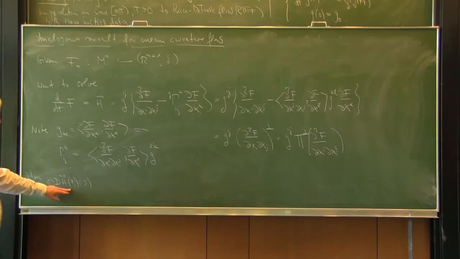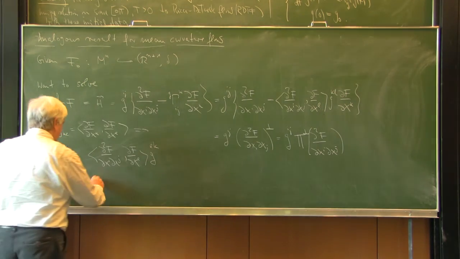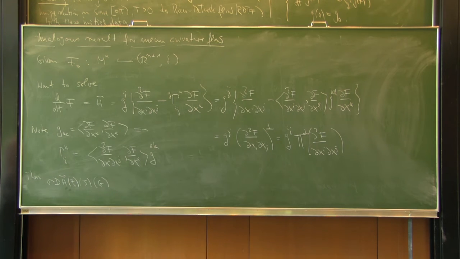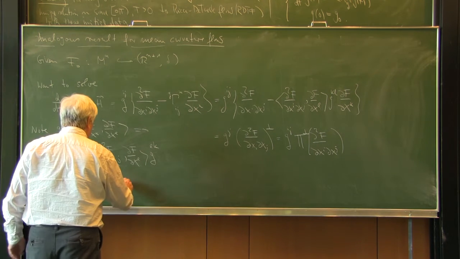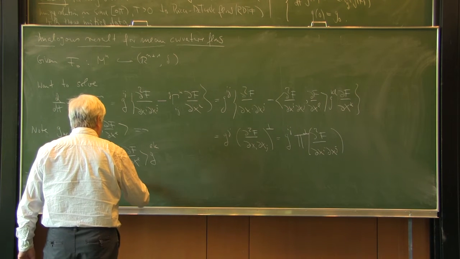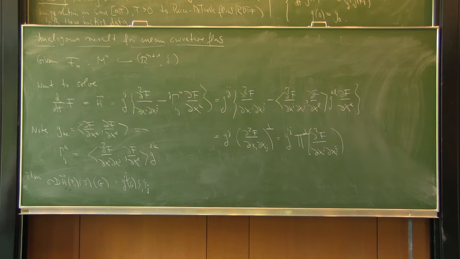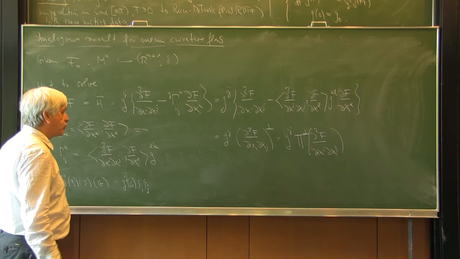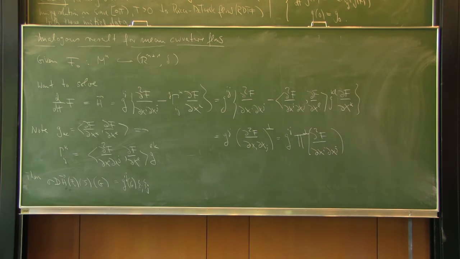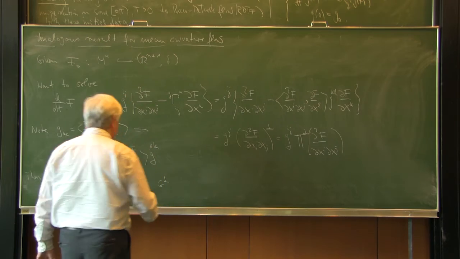And therefore when we compute the symbol in direction of some variation g of the metric, what we get is g^ij at g of theta_i, theta_j times the projection of g onto the normal component.